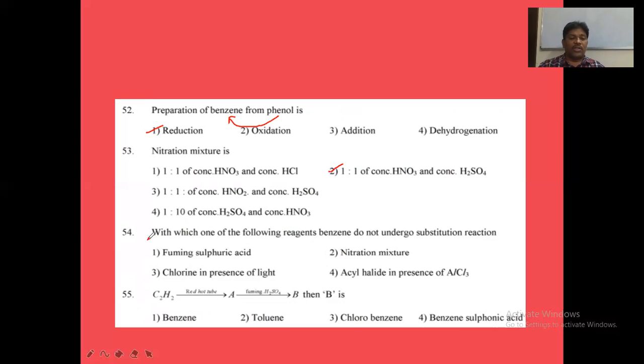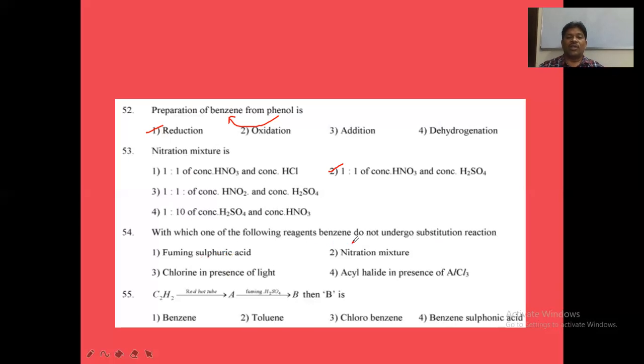Next, with which one of the following reagents does benzene not undergo a substitution reaction? Here, fuming sulfuric acid produces the SO3H+ electrophile, and that electrophile SO3H+ will be substituted.